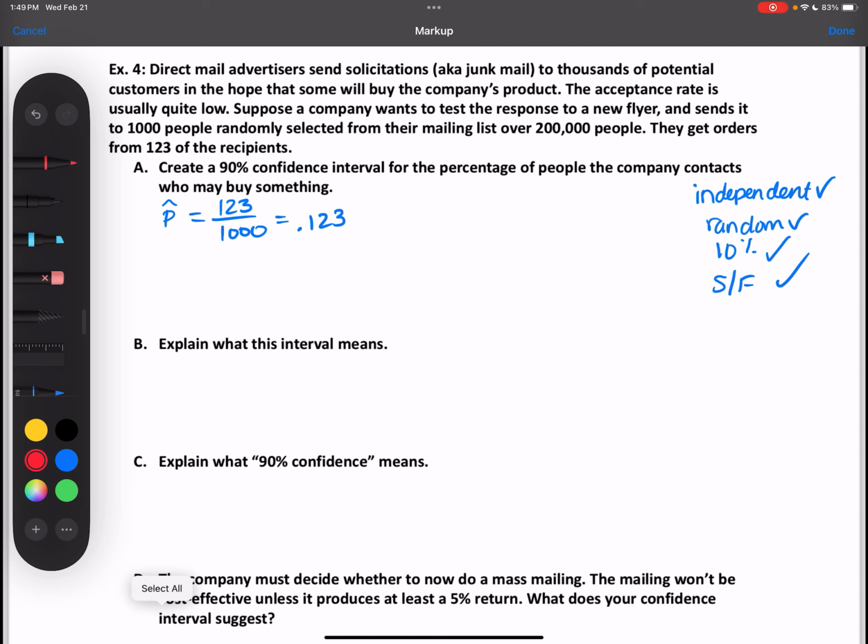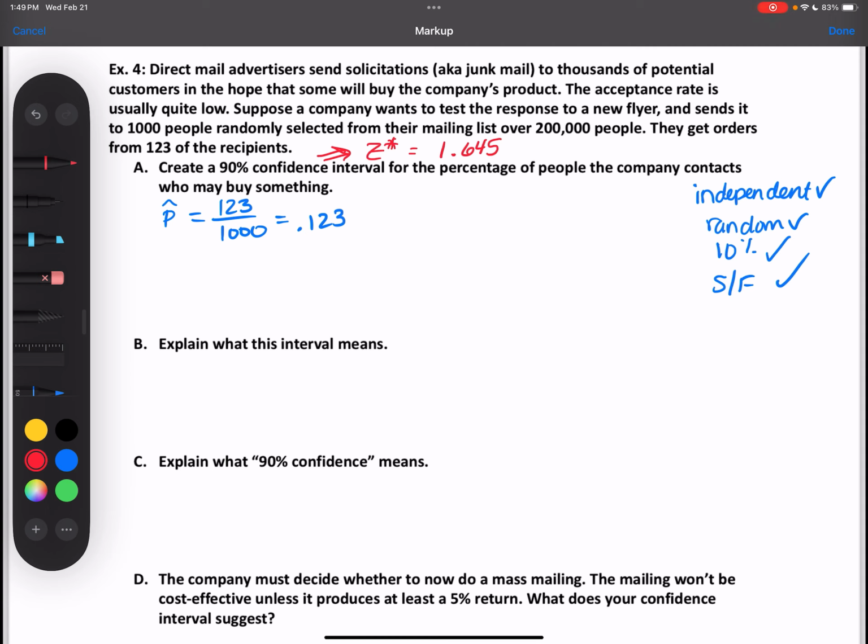All right, a 90% confidence interval, the Z star for this is 1.645. That's another number you're going to need to know on top of the one that I told you the other day, which is 1.96, for what confidence level? 95.